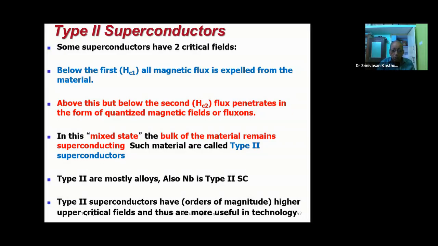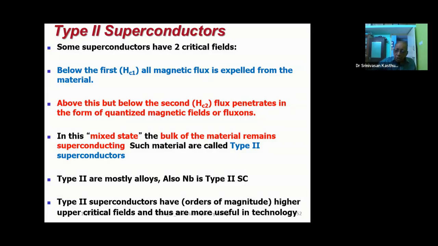So therefore, there are two critical fields for this material. At the first critical field, the material starts becoming superconducting. At the second critical field, the entire material becomes a complete superconductor. HC1 may be the low end of the magnetic field, and HC2 is the high end of the magnetic field.